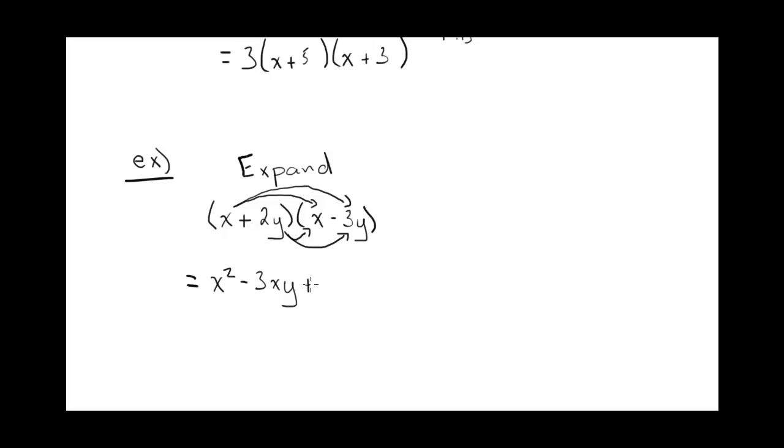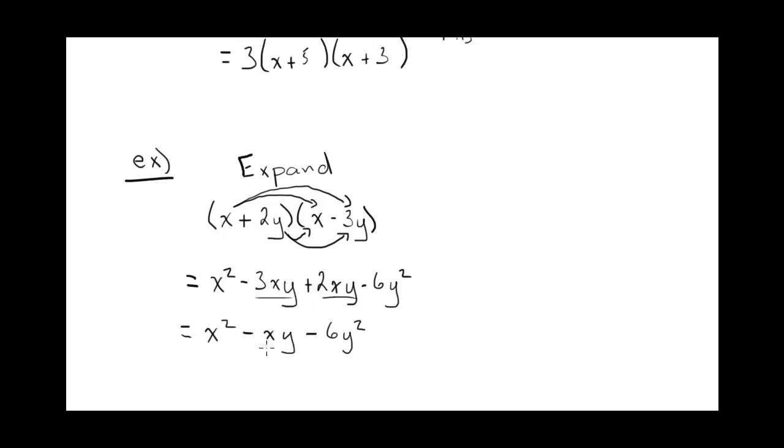So that would be plus 2, and then we'll write xy just to keep it the same, and then minus 6y squared. So x squared, two like terms, so minus xy minus 6y squared.